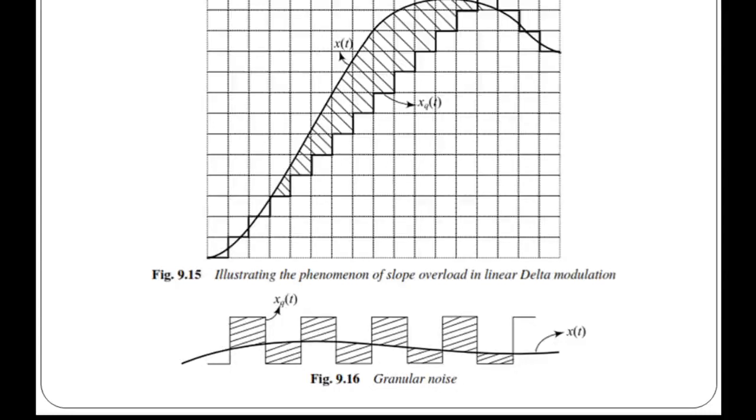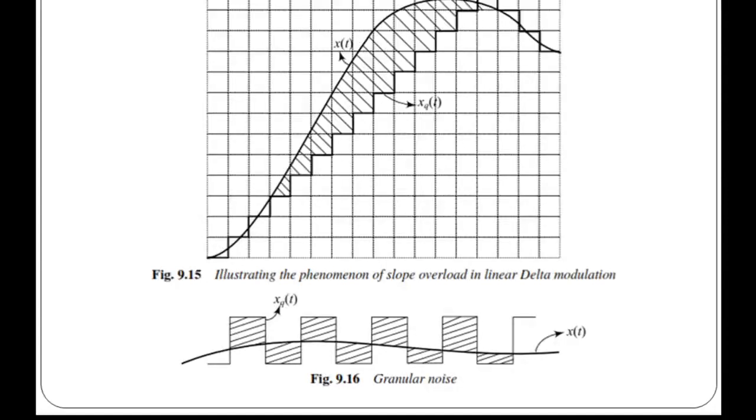So when the input signal is almost flat, the staircase keeps oscillating plus or minus delta around the signal. The error between the input and approximated signal is called granular noise. The solution to this problem is to make the step size small.